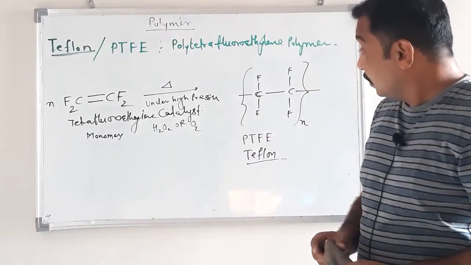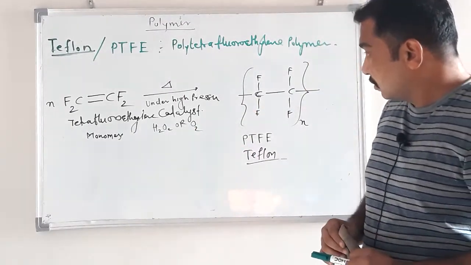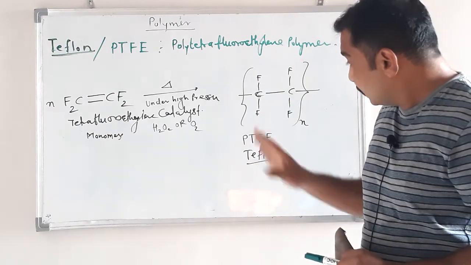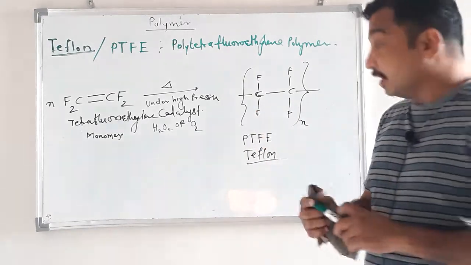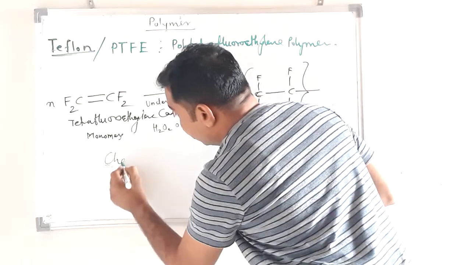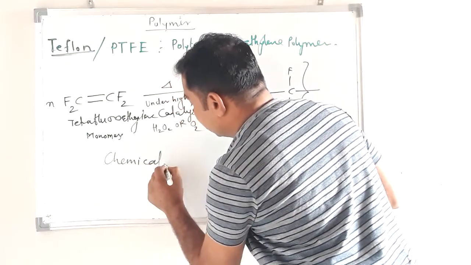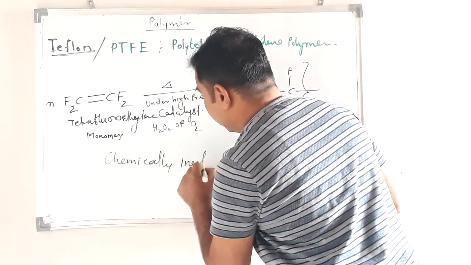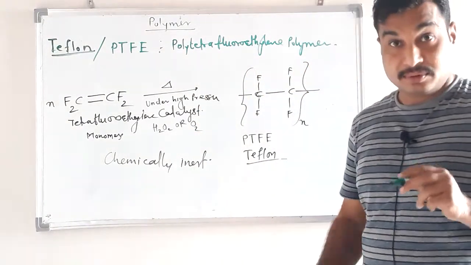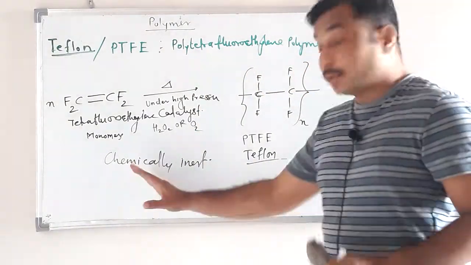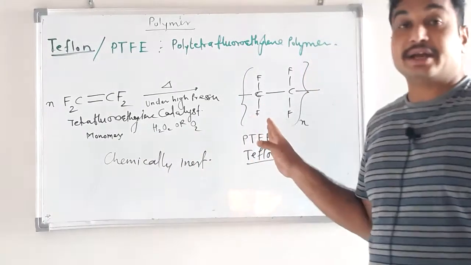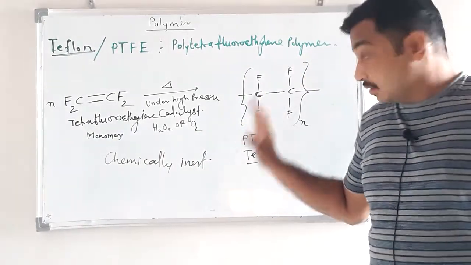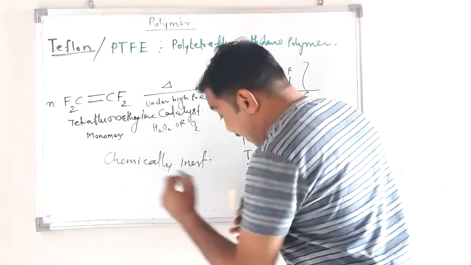And in this reaction, now this polymer is chemically inert, chemically very inert. Therefore most chemicals will not react with this, and it is stable at high temperature also.